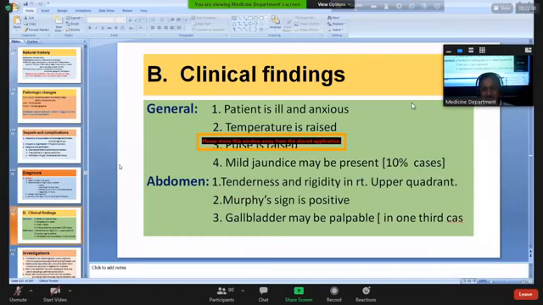On examining the abdomen, there will be tenderness and rigidity in the right upper quadrant.